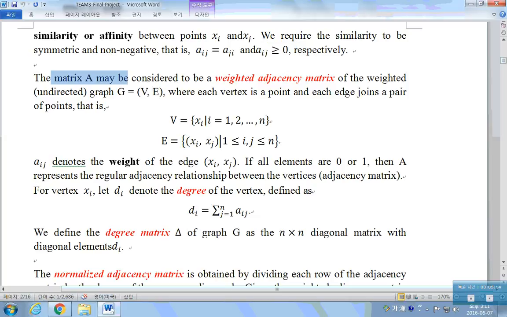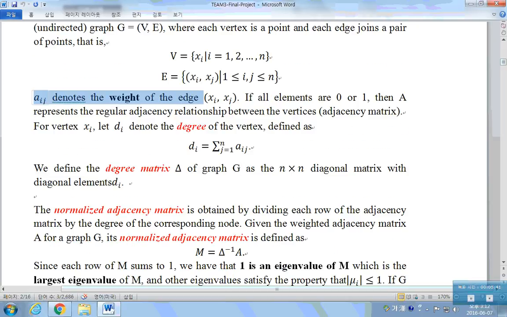First we consider the weighted adjacency matrix. We already know that for an adjacency matrix, if the vertices x_i and x_j are adjacent, the entry is 1, otherwise 0. But in the weighted adjacency matrix, the edges have different weights, with different values.